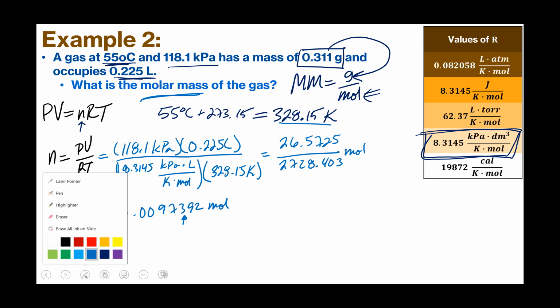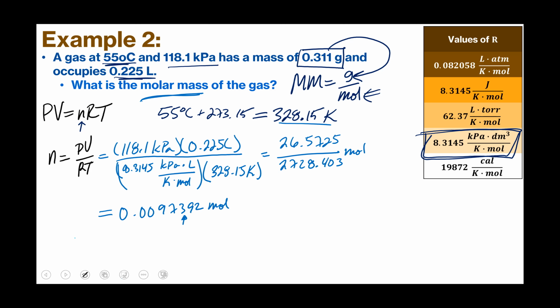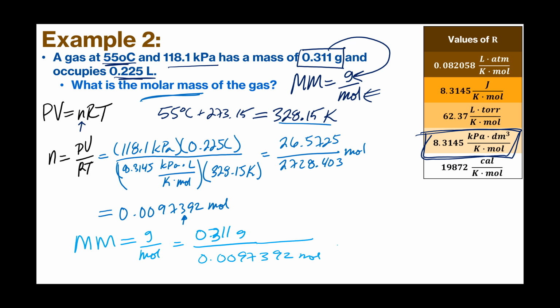All right. Now we have our moles. We just need molar mass. Remember, molar mass is grams per mole. So we need grams. We were given those grams, 0.311 grams. That's 3 significant figures. And divided by the moles we just found, 0.0097392 moles. It should be a small number of moles because we have a really small number of grams.